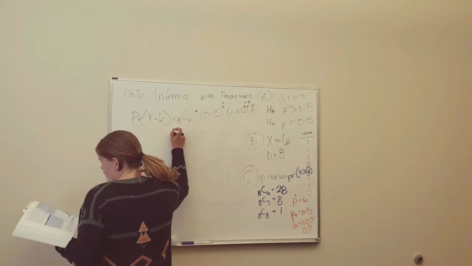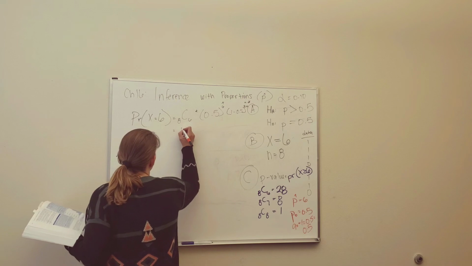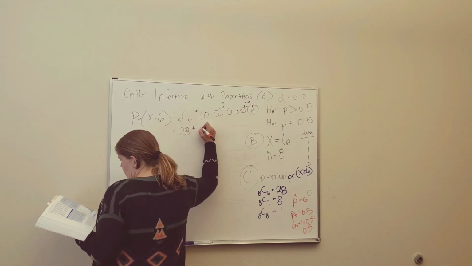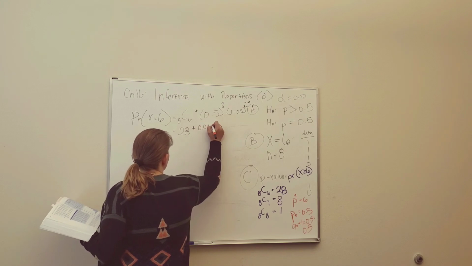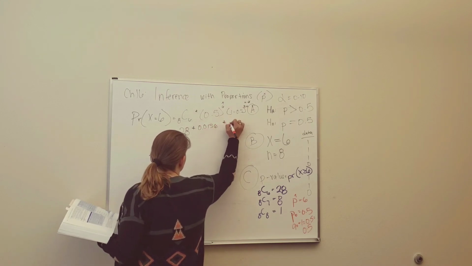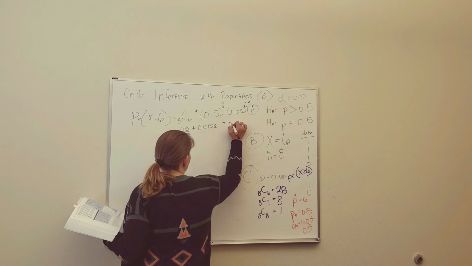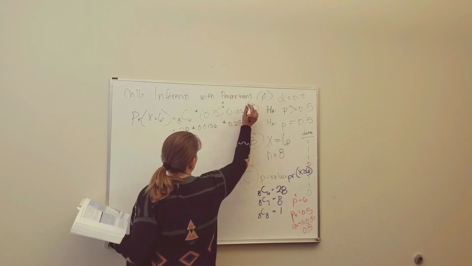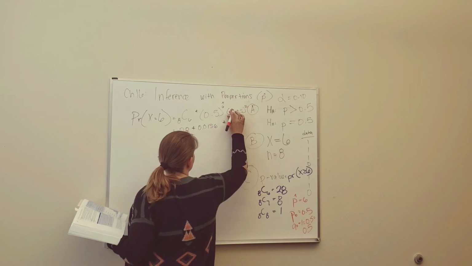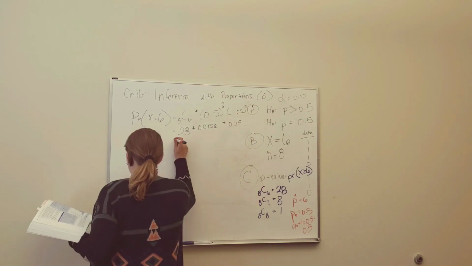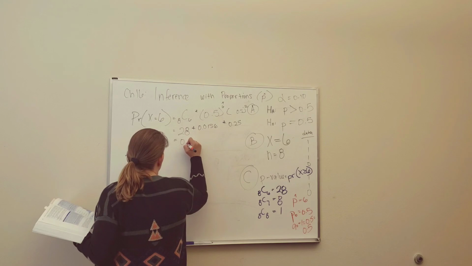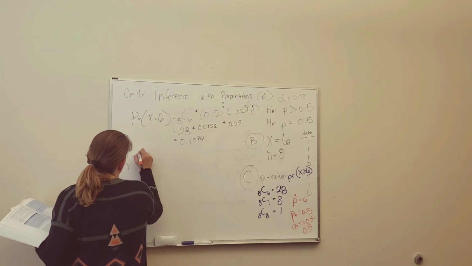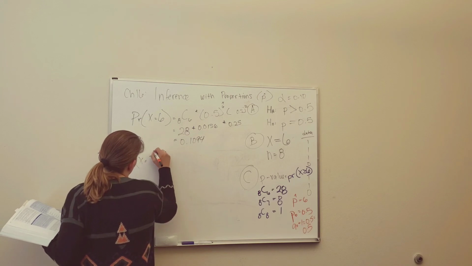And the probability of that is 28 times 0.0156 times 0.25, because this becomes 1/2 raised to the 2, which is 1/4, equals 0.1094.